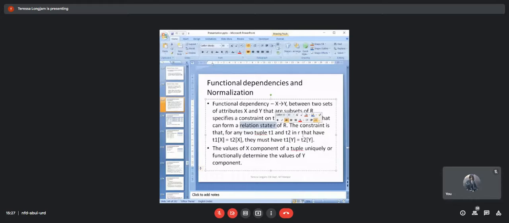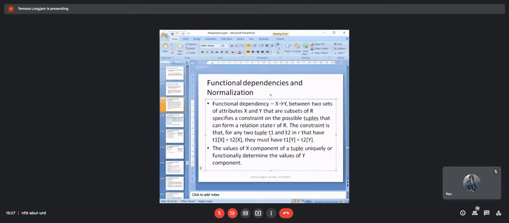It is going to be a relation, but at a certain point of time, whatever tuples it has, so it is represented by the small letter r. The constraint is that for any tuples T1 and T2 that have T1[X] equal to T2[X].